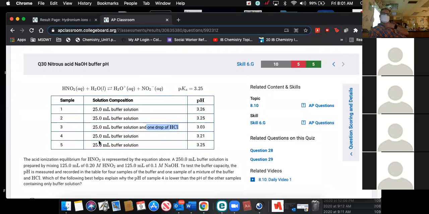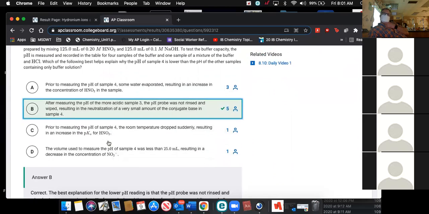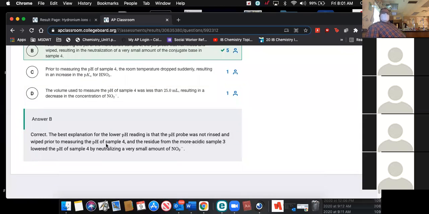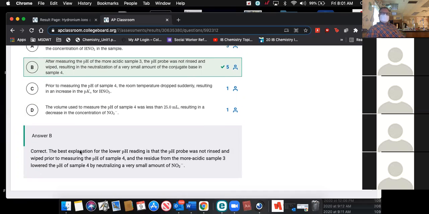No. Even if that was the case, we still have the same ratio if we allowed it to dissolve completely. Let's see what they say. The best answer is the pH probe was not rinsed, and residue from the more acidic sample 3 lowered the pH. That makes sense.